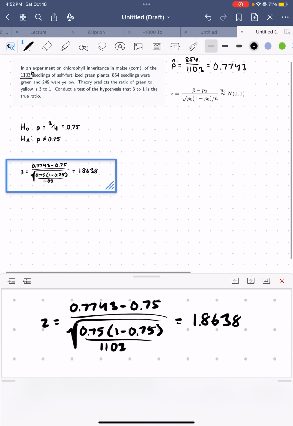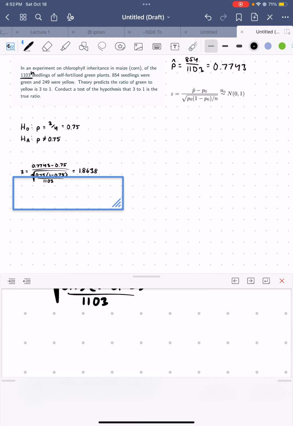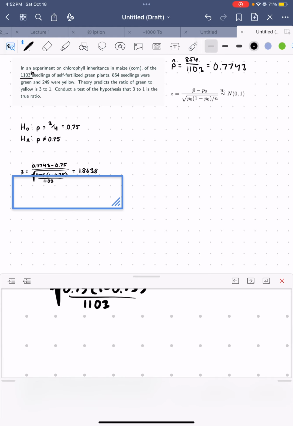And now that we have our z statistic, we can again calculate our p-value. This is different from that p. We'll maybe call it p-value just so it's clearer. And this is, again, the probability that our null hypothesis is true, but we still got these values just by chance.